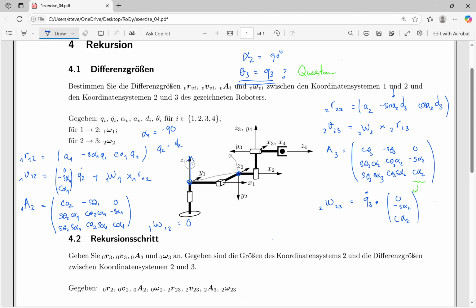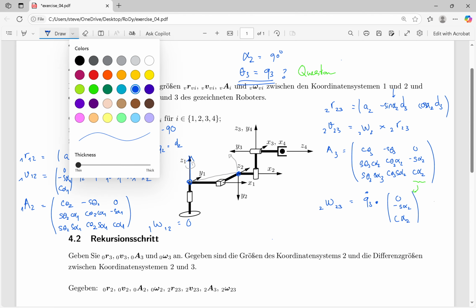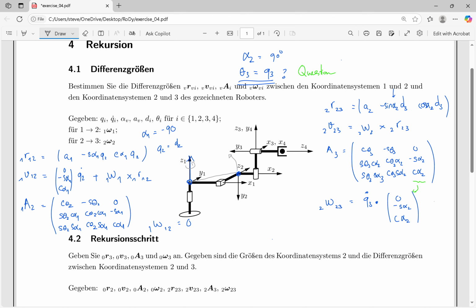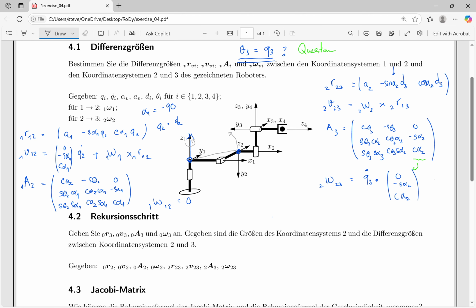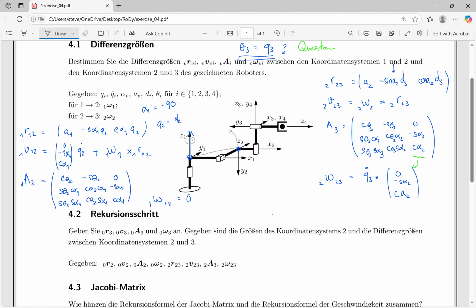And the R2, 2, 3, so this vector is also not 0. So this cross product evaluates out to something that is not 0. And you might say, wait a minute, does that make any sense? Because I can see here that coordinate system 2 and coordinate system 3 never move relative to each other.